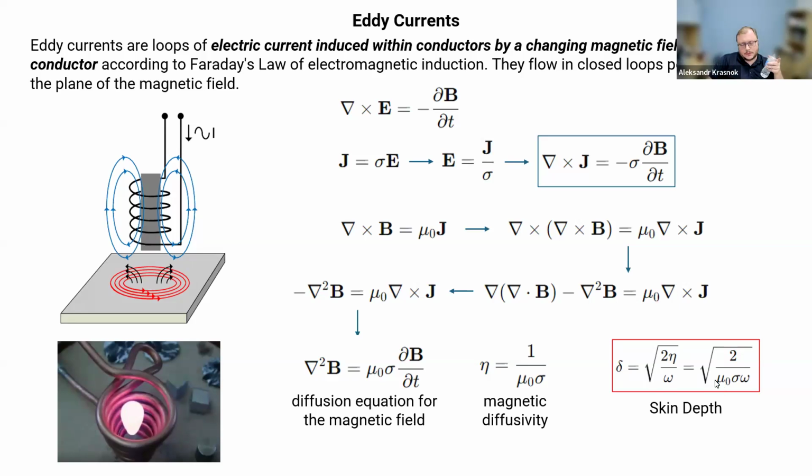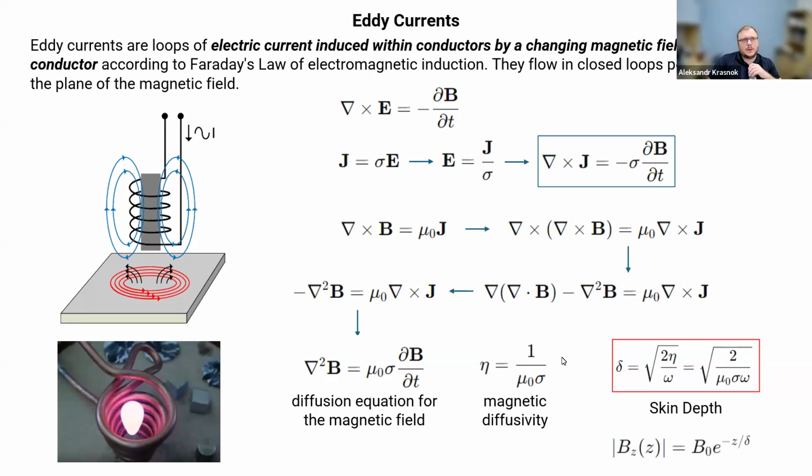Okay, you can see that this skin depth is inversely proportional to the frequency, which means that the higher the frequency, the less the skin depth, right? And also inversely proportional to the conductivity. So the better the metal, which means the higher conductivity, the less the skin depth.